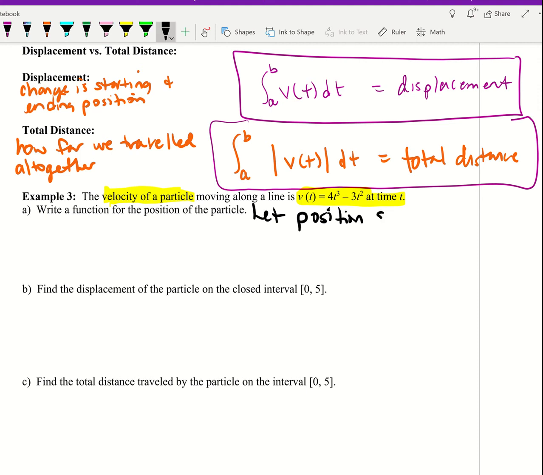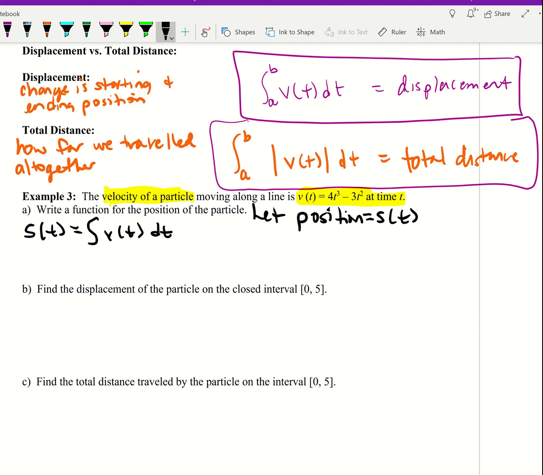Now, if you are ever going to introduce a new variable like that, you do need to tell the reader, hey, I'm calling position s of t. So s of t could be found by integrating v of t. Now, this is going to have a constant in it because I'm doing an indefinite integral.